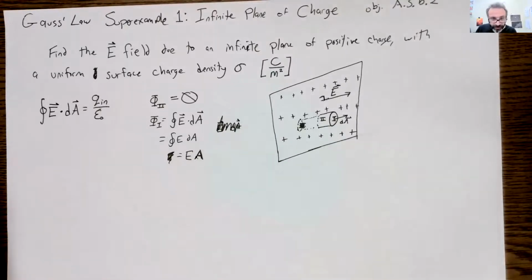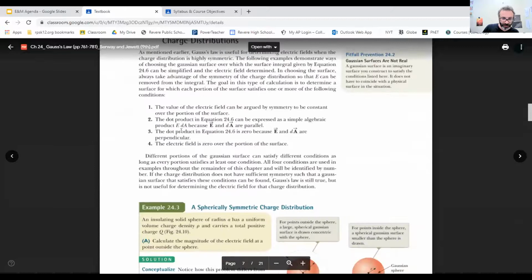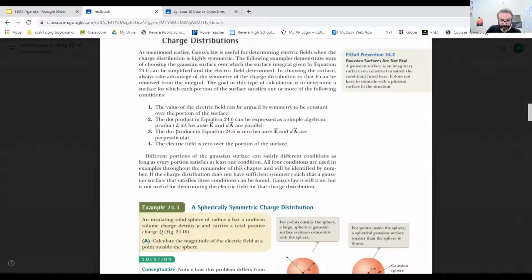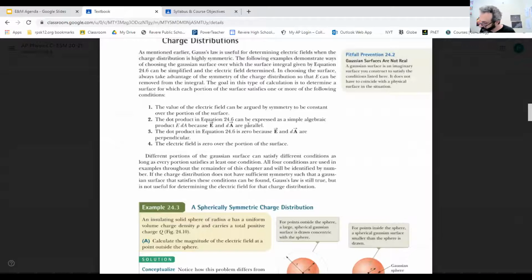So this is one of those situations. Let me go back to the textbook here. This corresponds to number 2: the dot product can be expressed as a simple algebraic product EdA, because E and dA are parallel. So that's why this is working for that surface.